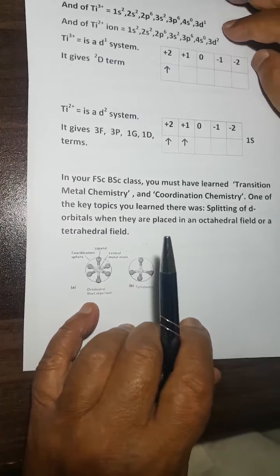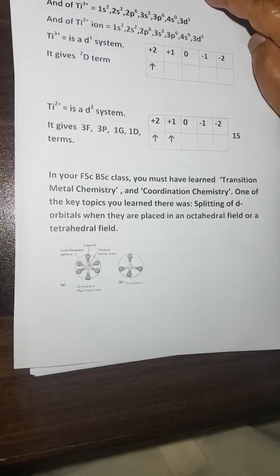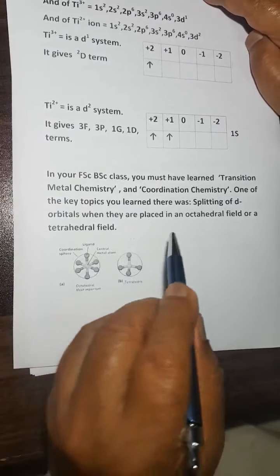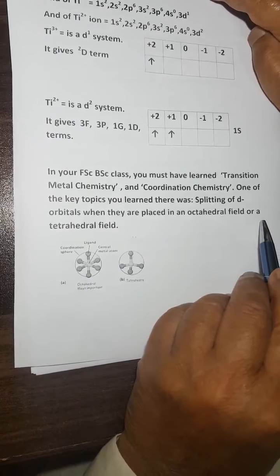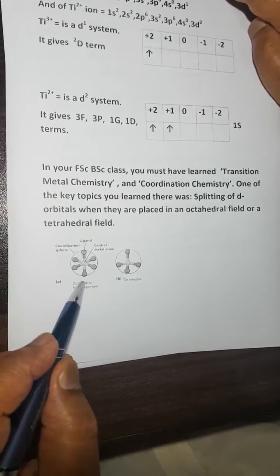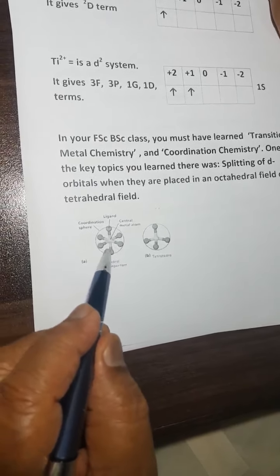One of the key things which you have learned there is, of course, the splitting of d orbitals when they are placed in an octahedral field or in a tetrahedral field. Here I have shown you a complex compound.